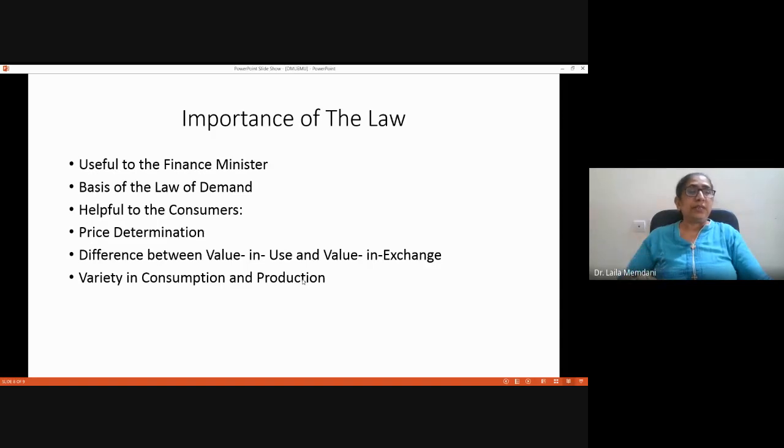If we consume the same commodity again and again, our utility will go down. And therefore, this law supports variety in consumption and production. So that is the reason we have different varieties of clothes, and we don't listen to the same music again and again, because with this law we know that if we consume the same commodity again and again, our utility goes on diminishing.